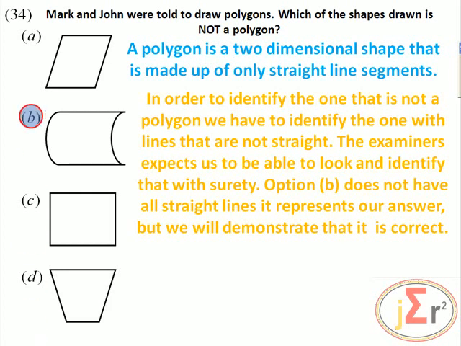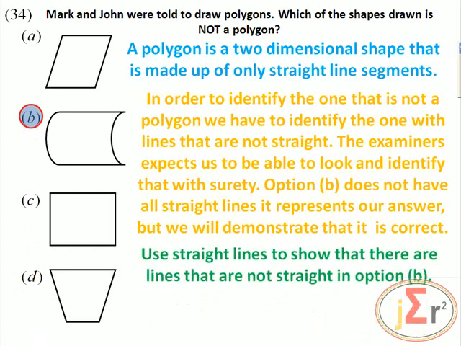So how will we demonstrate that some of the lines are not straight? Use straight lines to show that there are lines that are not straight in option B. So we will use straight lines. So we have those straight lines going up. Right. And notice that the two line segments here and here do not match with the straight lines.